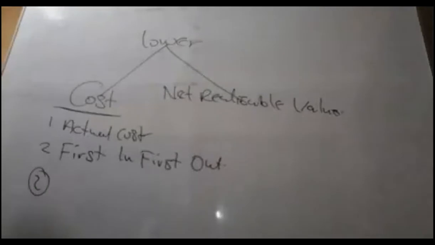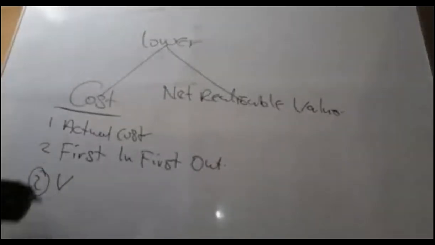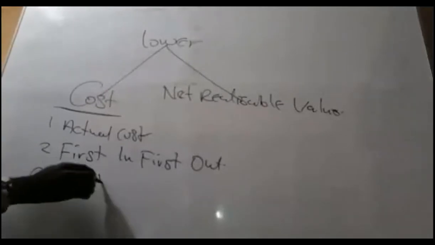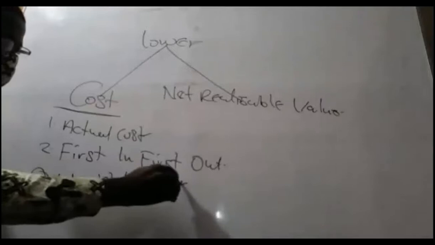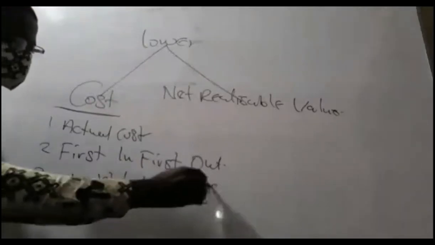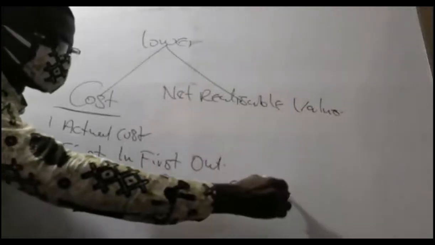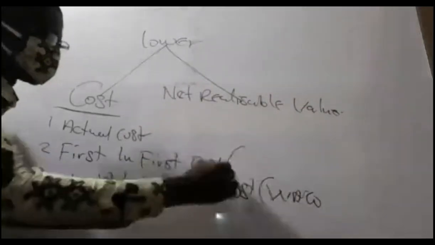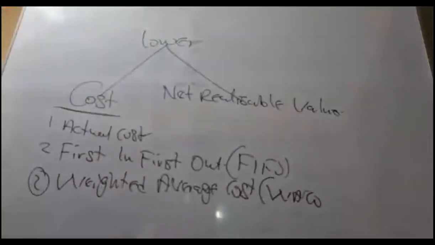You can also use what we call the weighted average cost method. And this one too is FIFO. Or you can also use the standard price.